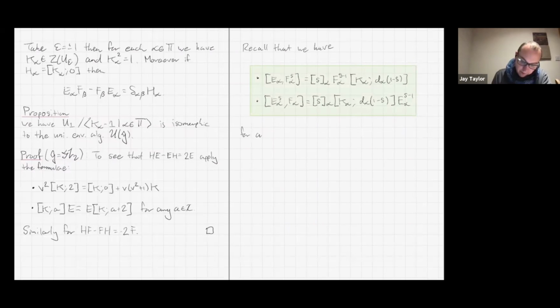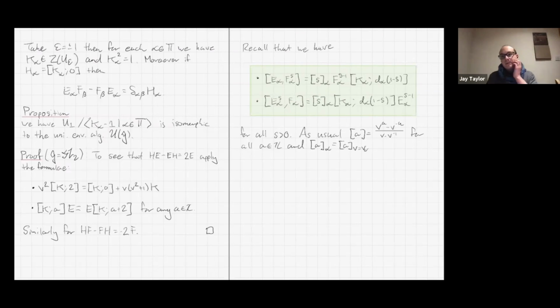Okay, so this is true for all s greater than 0, and just a reminder as usual, [a] is v to the a minus v to the minus a all over v minus v to the minus 1, for all a in Z, and this [a] sub alpha is where I specialize v to be v alpha.